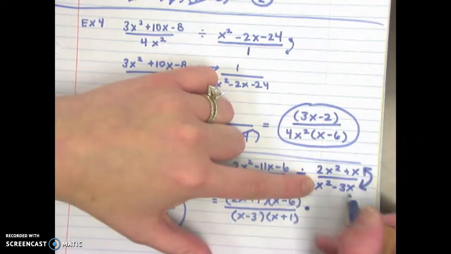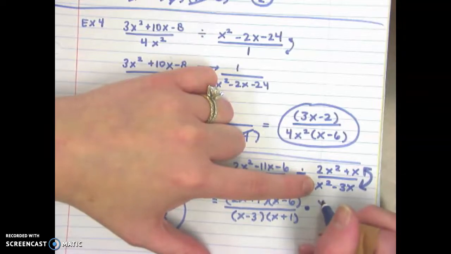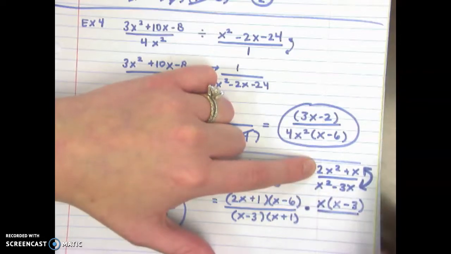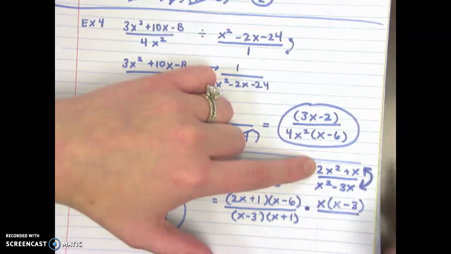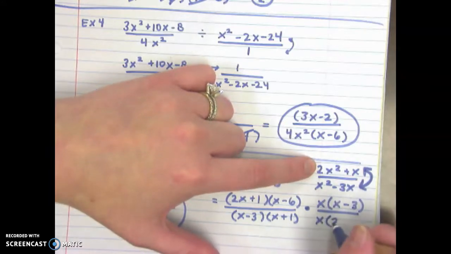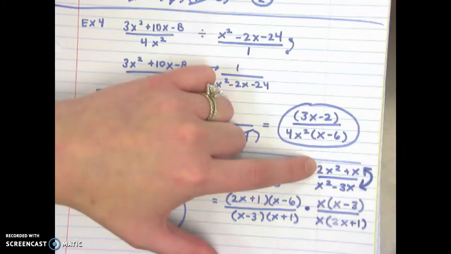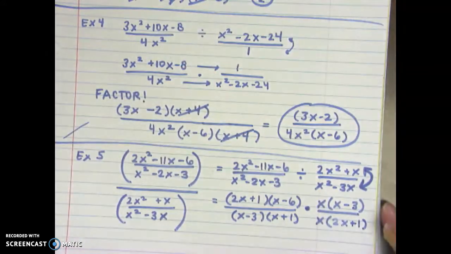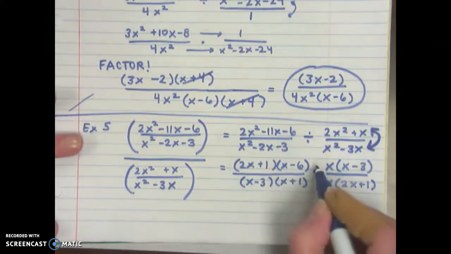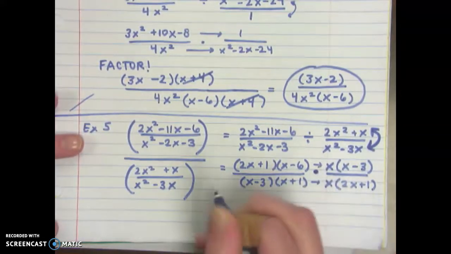So times, I'm also going to factor as I write the reciprocal. So x squared minus 3x is in the numerator. I can factor out an x. 2x squared plus x is in the denominator. And again, I can factor out an x. When I multiply rationals, I multiply straight across.